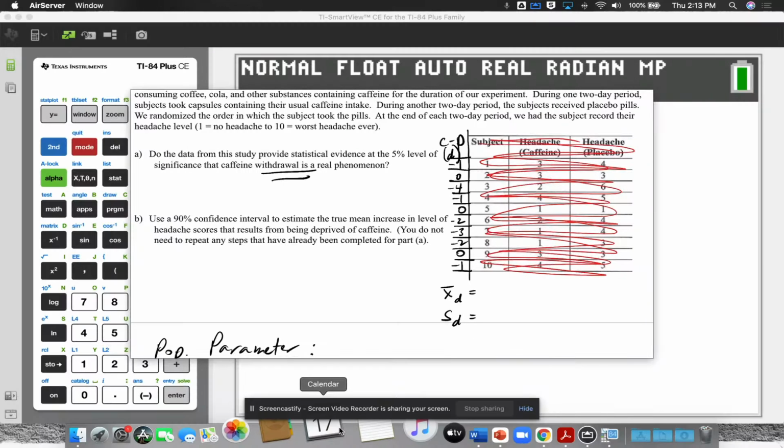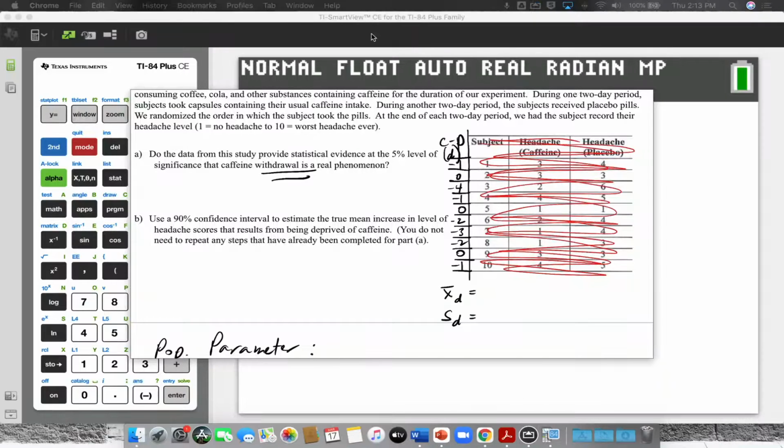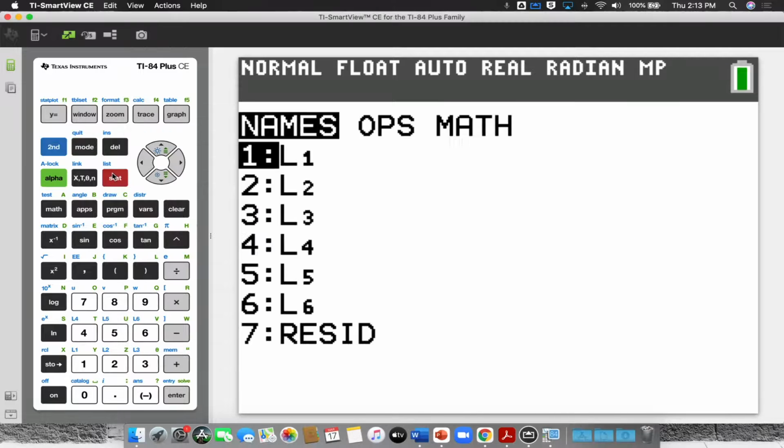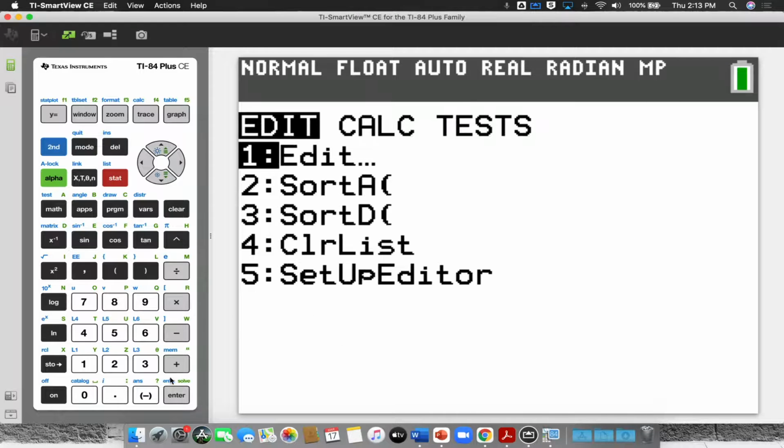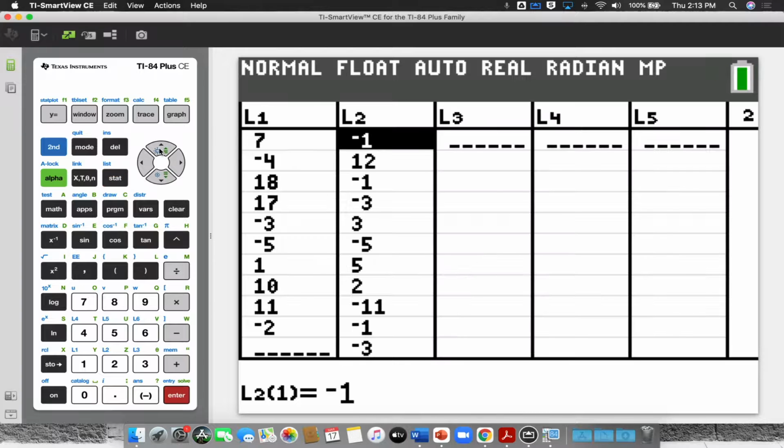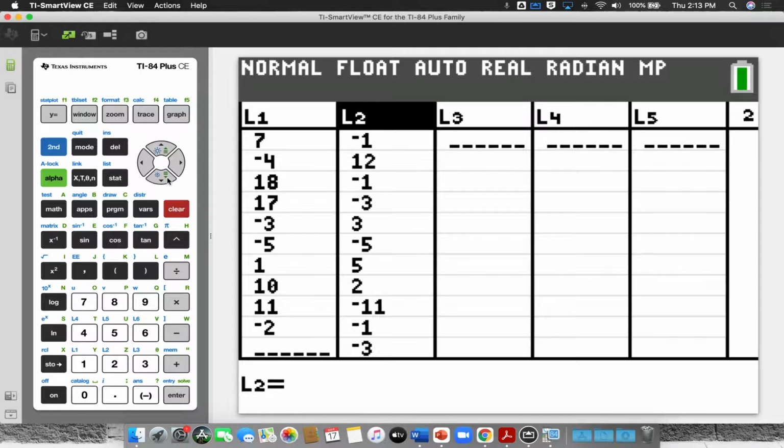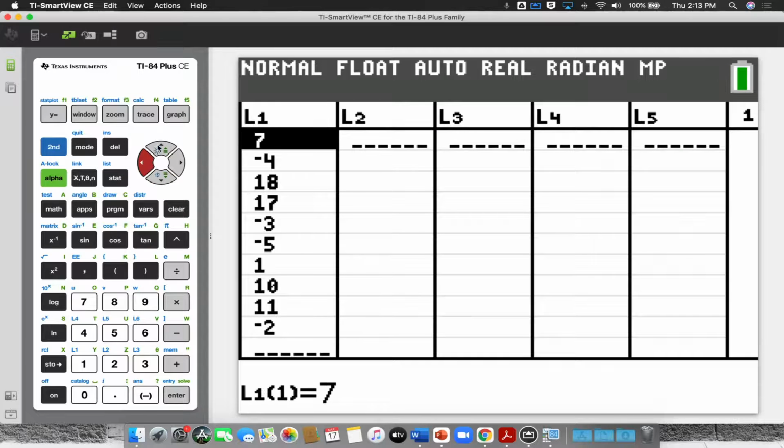Put in all the zeros and negative numbers. Negative 1.4. Okay, so what do we got? Negative 1.